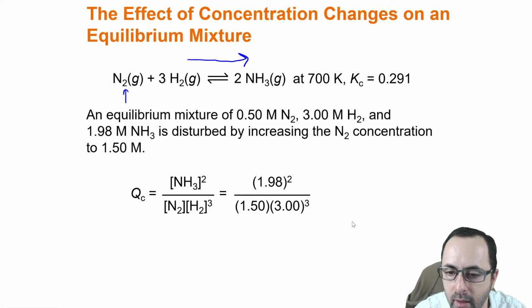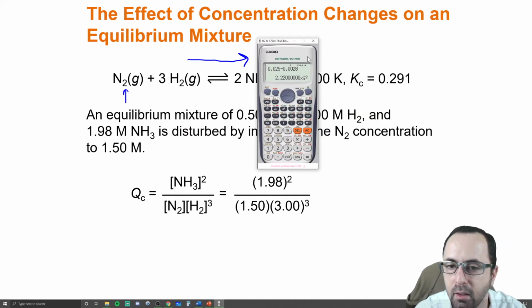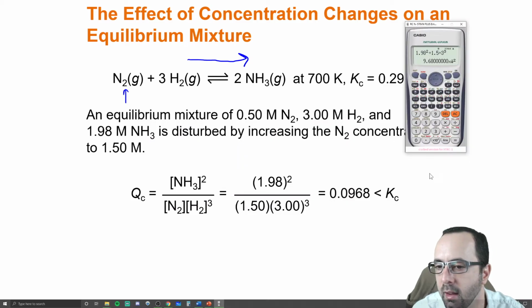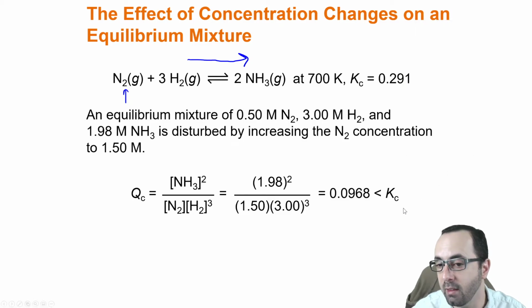And so we calculate our Q. 1.98 squared, divided by 1.5, divided by 3 to the third power equals 9.7 times 10 to the minus 2, or 0.0968. And that is less than K.